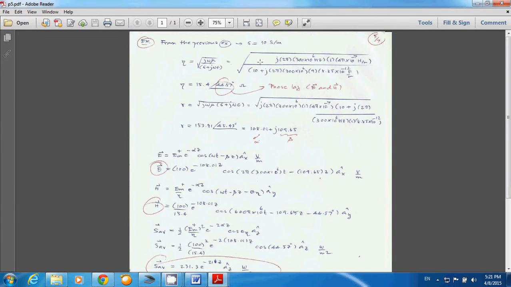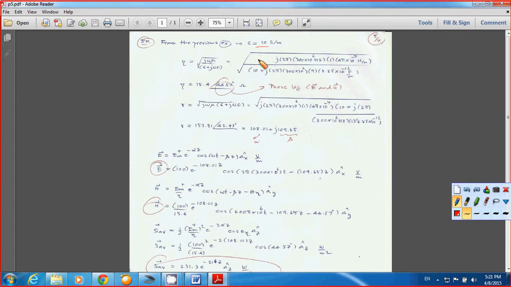Now what happens if your sigma is not equal to 0 but equal to 10 Siemens per meter? Use the same conditions as the previous example. Well, you start by calculating eta, plugging in our numbers, because your sigma is not equal to 0 but equal to 10 Siemens per meter. You have to calculate all of this.